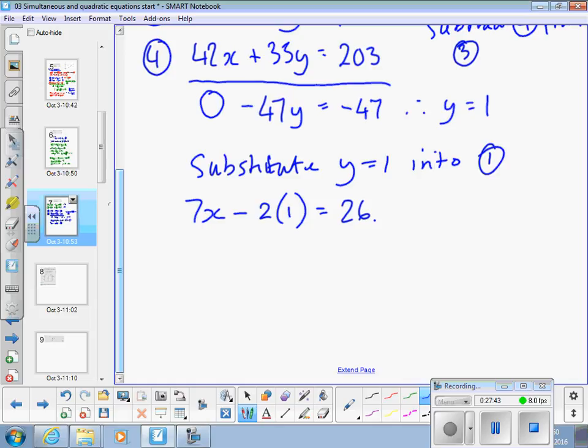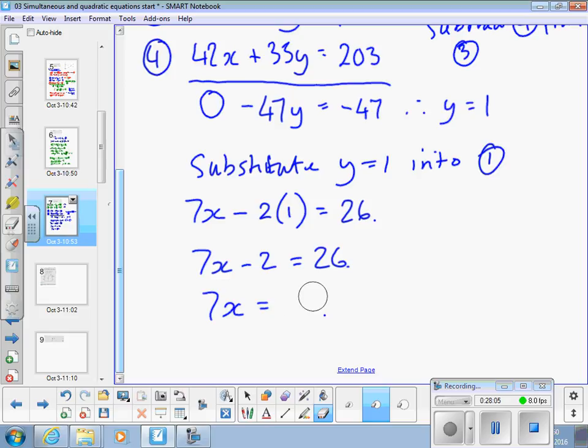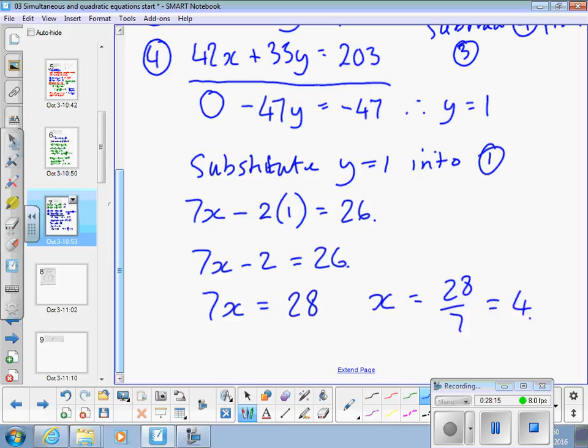Multiply out any brackets. 7x minus 2 equals 26. 7x is equal to 24. Have we gone wrong anywhere? x is equal to 28 over 7 equals 4.